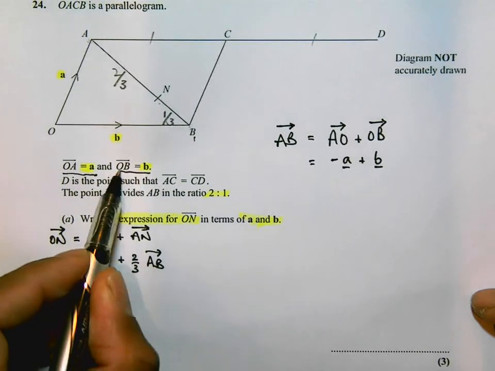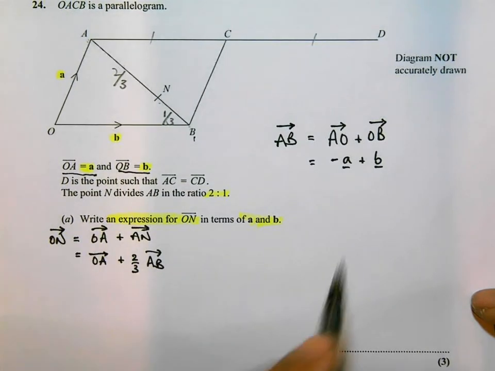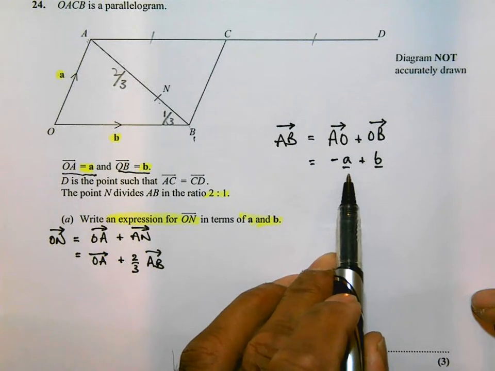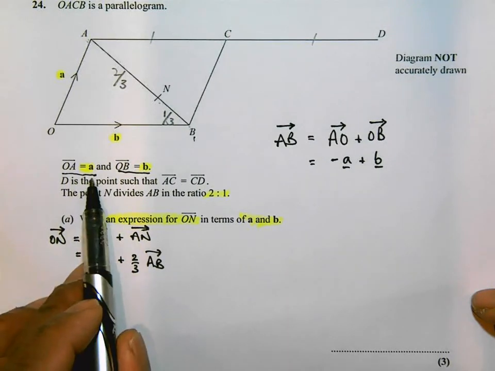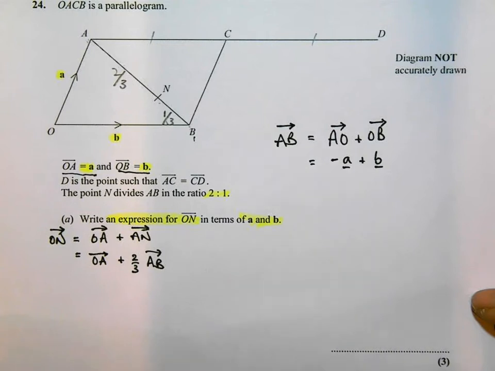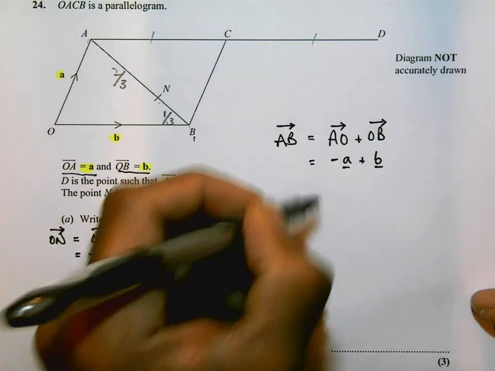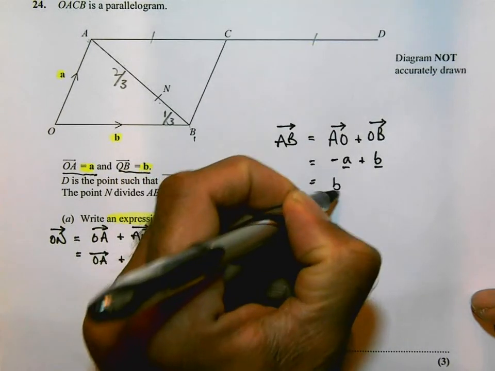Now, this is a bit of vectors knowledge that you need to know. If you're going in the opposite direction to a vector that you're given, then it's minus that vector. I'm going to rewrite that as B minus A, and I'm happy with that.